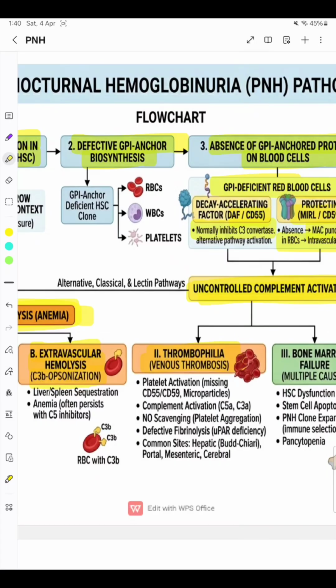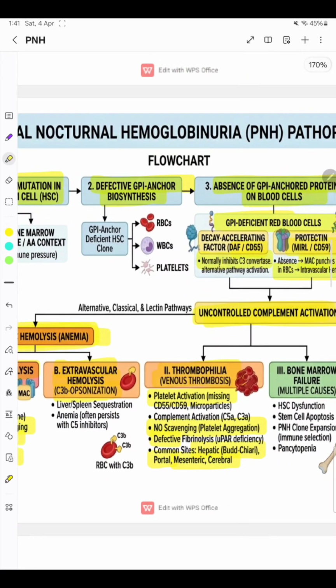So there will be more platelet aggregation, and increased chances of the formation of thrombus. The common sites for thrombosis are hepatic vein, Budd-Chiari syndrome, portal vein, mesenteric vein, and cerebral vein.